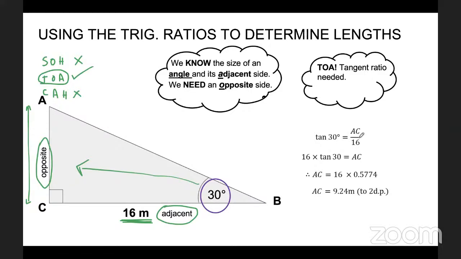We are now going to cross multiply, or we're going to multiply throughout by 16 to make AC stand by itself, to make it be the subject of the formula. Why did I multiply by 16? Anyone want to tell me? Although it's not there on the screen, why would I multiply throughout by 16?